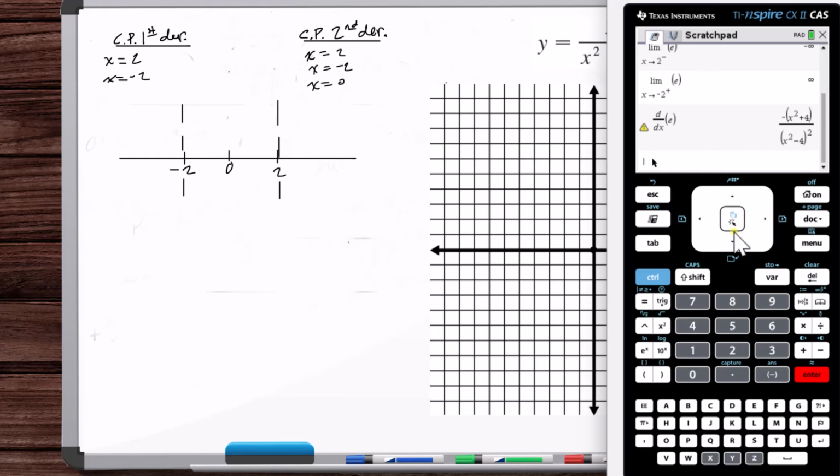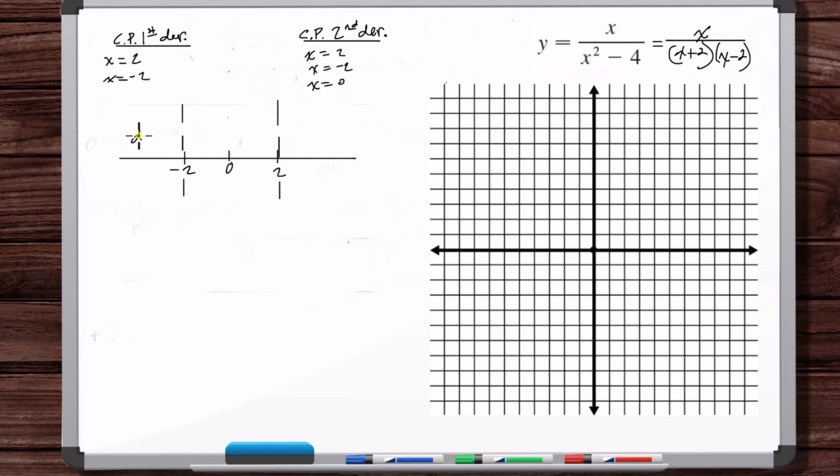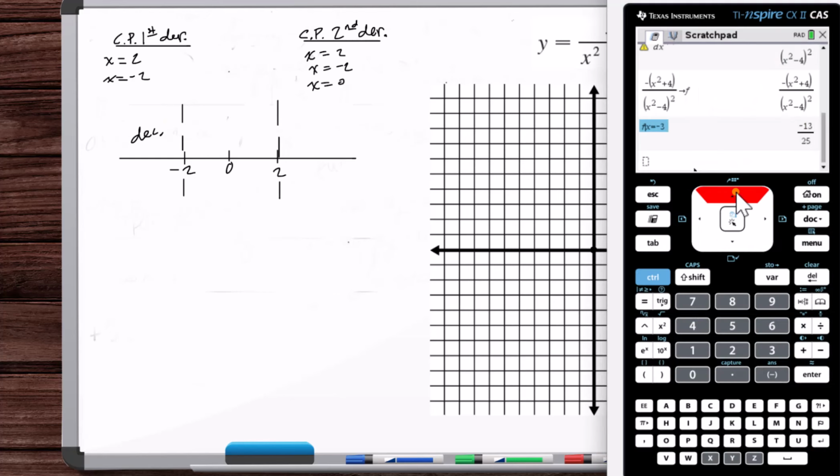Okay, there's the derivative. We'll call this f. So f with x equal to minus 3 is negative. So it's decreasing in this interval. All right.